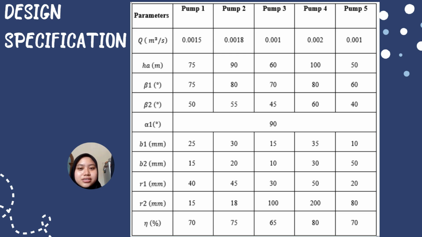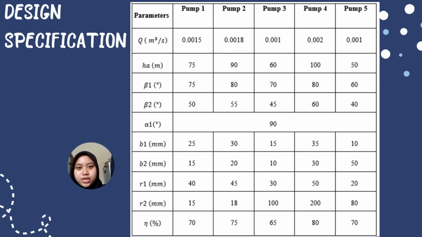For the values of each pump, the first pump has 15, 75, 75, 50, 90, 25, 50, 15, 40, 15, also 70.